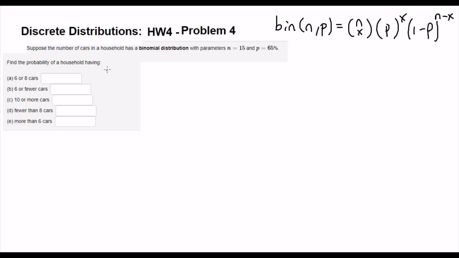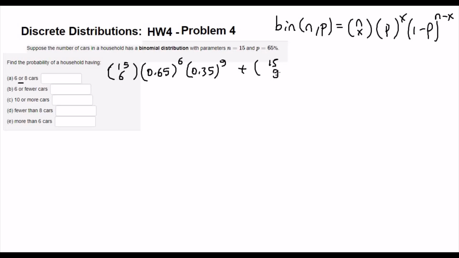So that is, out of 15, n is 15, we're looking for 6 cars, and p is 0.65 to the 6, and 1 minus p is 0.35 to the 15 minus 6, which is 9, plus having 8 cars, because it says or, so we're going to add it.